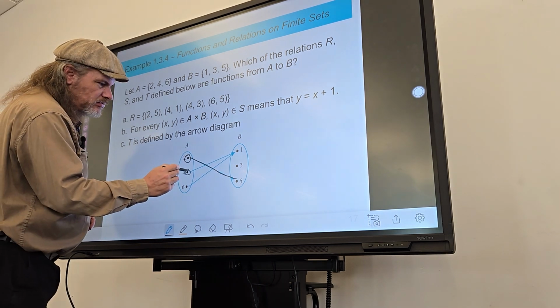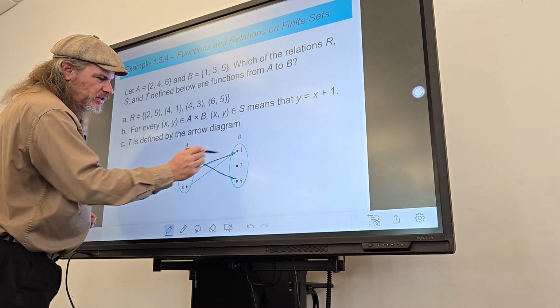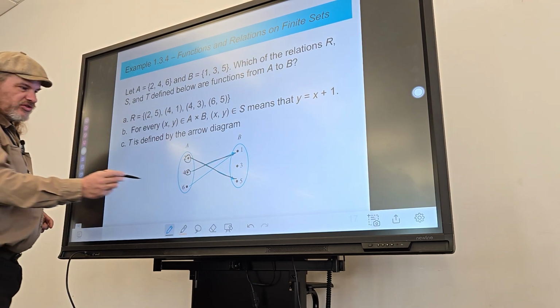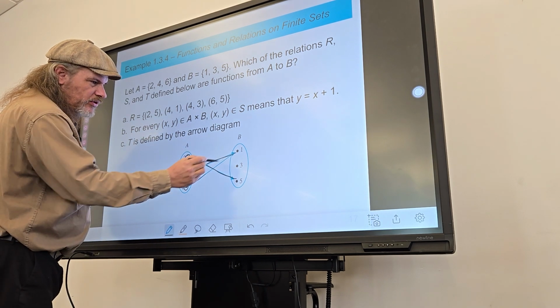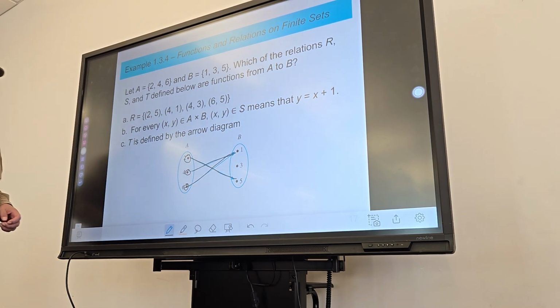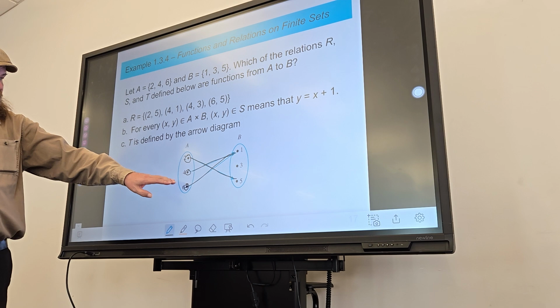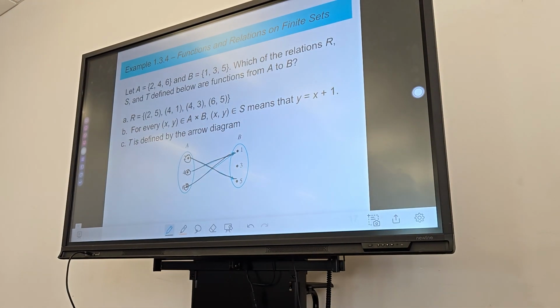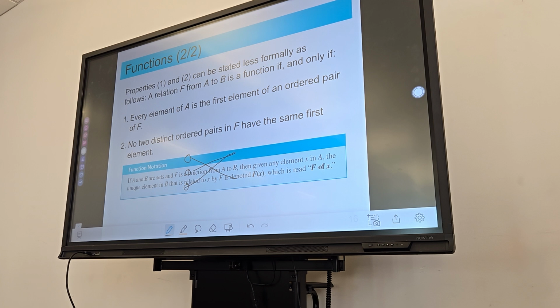This element is associated with the number 1. Six is associated with number 1 as well. So going back to the definition, every element of A is the first element of an ordered pair.